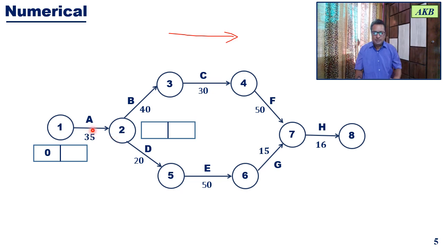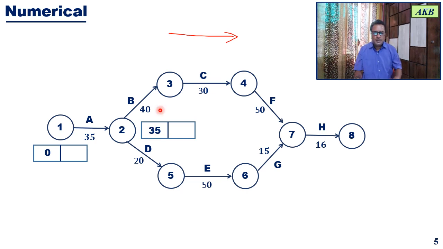For example, over here for activity A, event 2 is the head event. Okay, so we are now calculating earliest event time for the head event. So what is that? That is equal to earliest event time for the tail event plus duration of the activity. So it will be simply 0 plus 35. That will give you earliest event time for event 2.